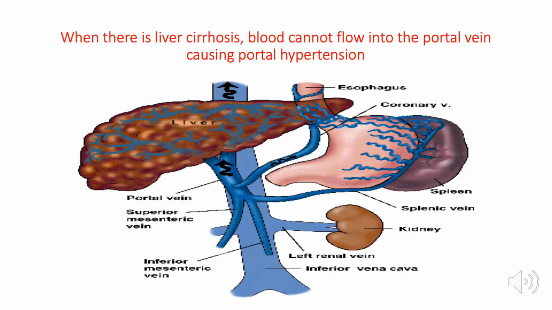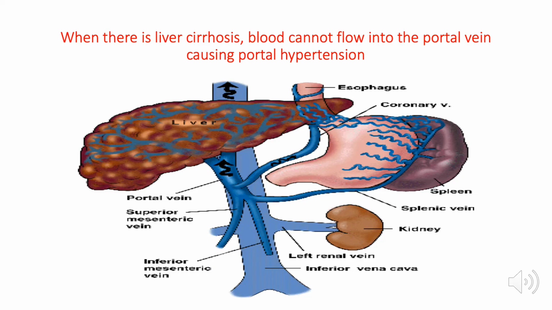In the presence of liver cirrhosis and fibrosis within the liver, there would be what we call portal hypertension. So there would be increased resistance within the liver. That's why the blood in the portal vein will no longer be able to enter the liver. And you know what will happen? The blood in the portal vein will be regurgitated back to the branches of the portal vein.